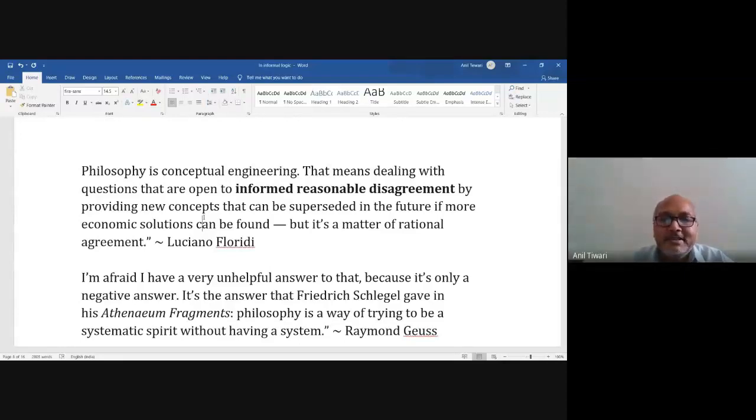A philosophical disagreement is not a disagreement of ignorance. You're informed. And with that information, you are reasoning basically. You're being reasonable. You are reasoning. You are arguing. So it's not under any dogmatic kind of assertion.